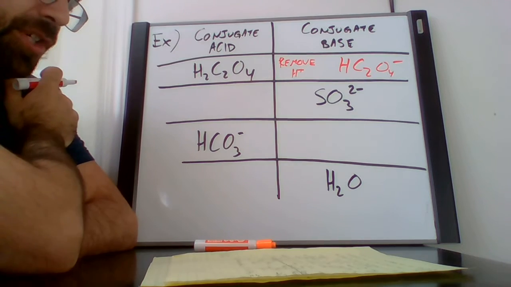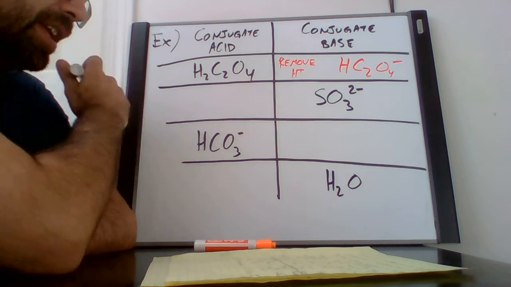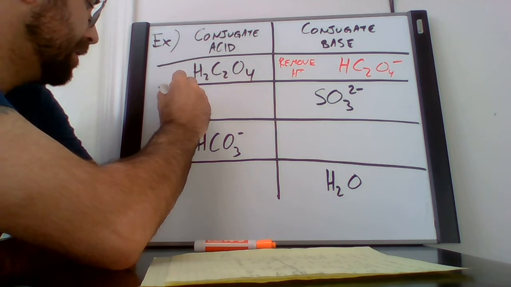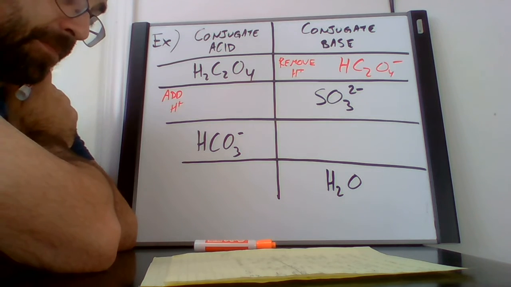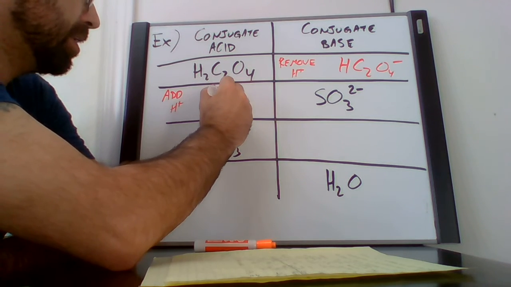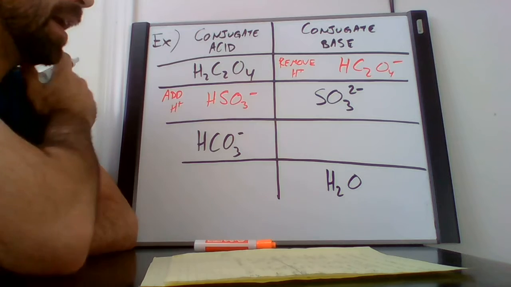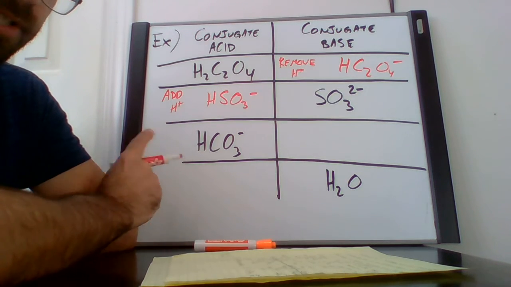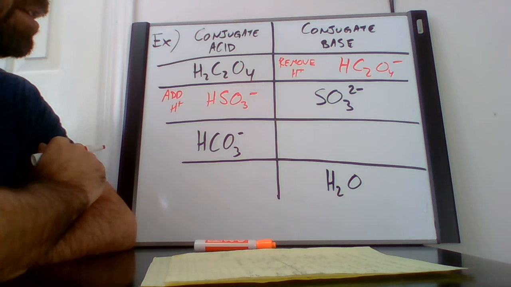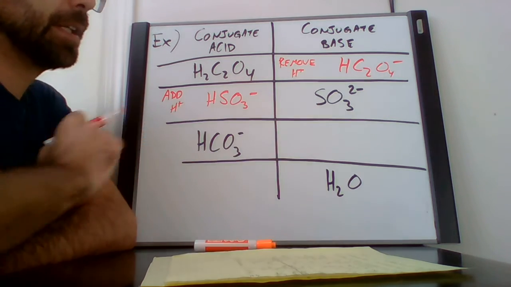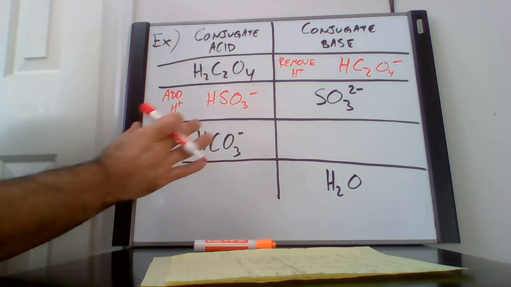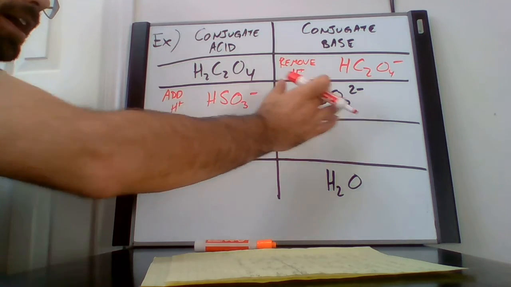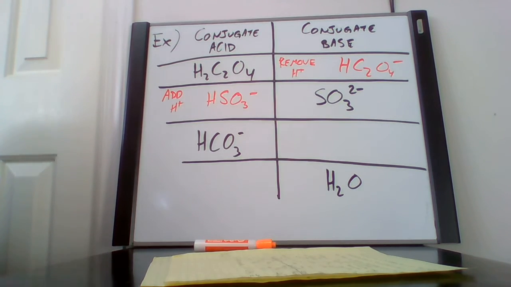If this is my conjugate base, then to make its conjugate acid, I need to add that proton. So that gives me HSO3 minus. Remember, a conjugate acid-base pair only differs by 1 proton. We're not going to try to completely eliminate this negative charge. We're just going to add that 1 proton, and we now have that conjugate acid-base pair.